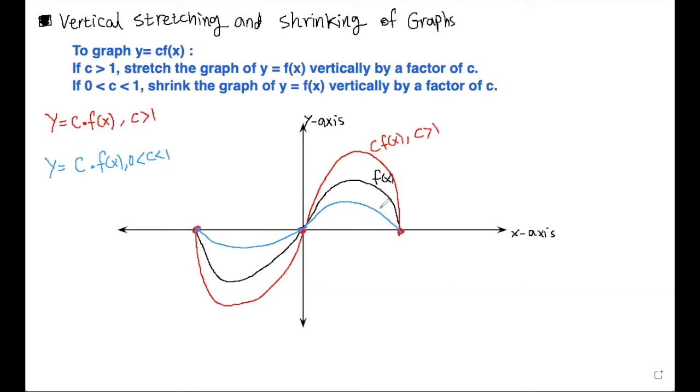So the function here is c times f of x, such that c is between 0 and 1. Any questions for this one? Is it clear what shrinking means and what stretching means?